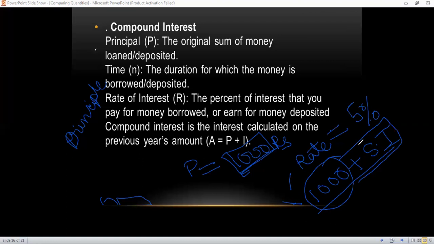Okay, so like this bank or institute works. So in simple interest we add the simple interest or compound interest with the principal amount.